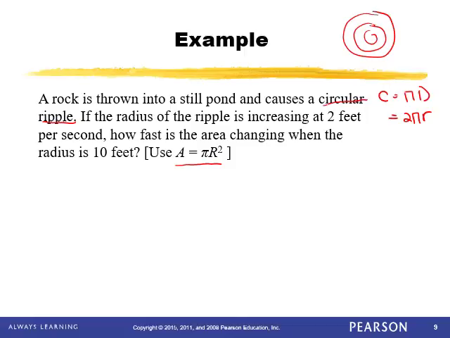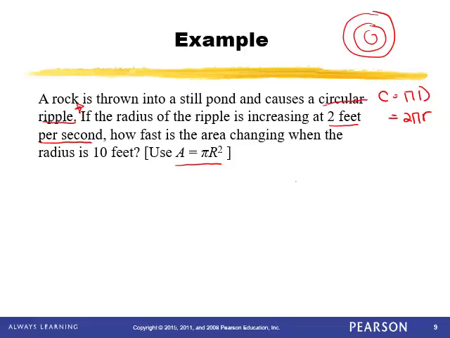Here's a problem. If the radius of the ripple is increasing at 2 feet per second, because there's feet per second, we know that we're dealing with a rate. So how fast is the area changing when the radius is at 10 feet?